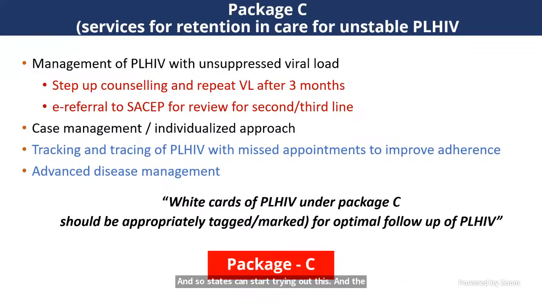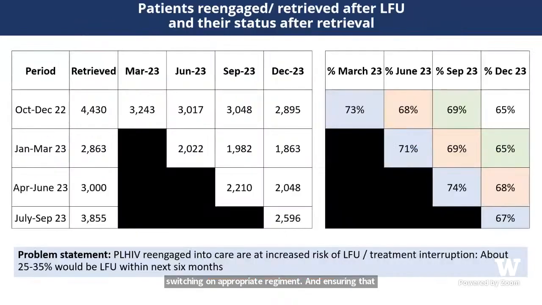And package C is very critical, because now the patients are coming with a high viral load. If they are coming with that, the very first step we need to understand is that enhanced adherence counseling is one important step, along with timely referral to SACEP. If a switch is required, switching to an appropriate regimen, and ensuring that they do not miss treatment.